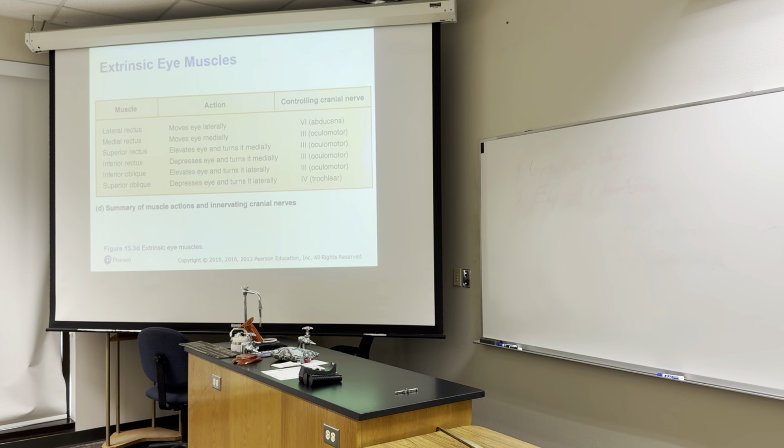Medially. But what do you think about your superior rectus? Superior rectus and inferior oblique do the same thing. What do they do? They elevate the eye. So for looking up, you have to use the what? Superior rectus and the inferior oblique. Who is helping you move down? Your inferior rectus and superior oblique.